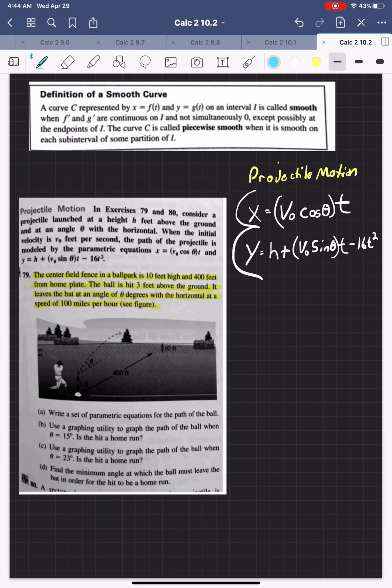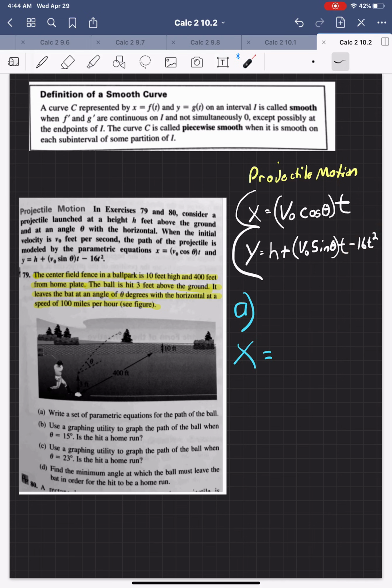So for part A, x is going to be equal to initial velocity, which in this case is 100 feet per second. Actually, I almost made a serious mistake. They give us velocity in miles per hour, but acceleration is given in feet per second, so that is problematic.